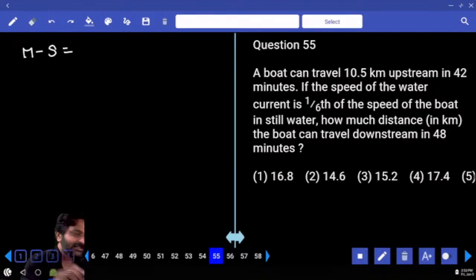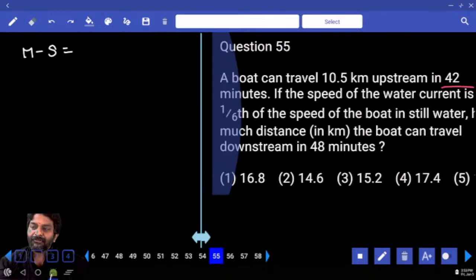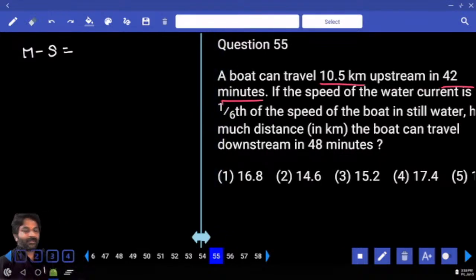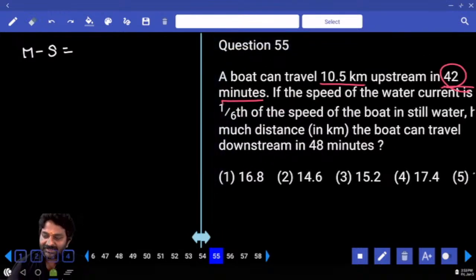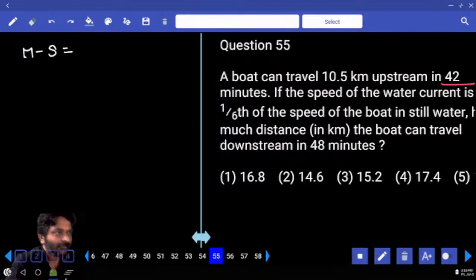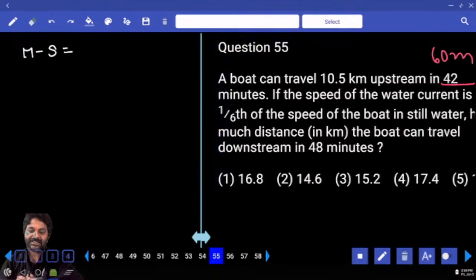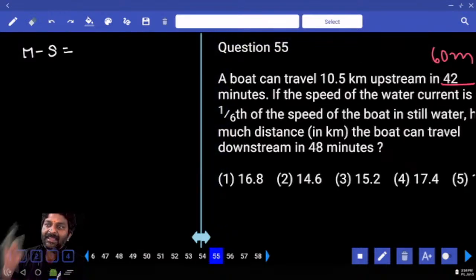Upstream, M minus S. We need the speed. What to do? Convert to 60 minutes. Almost every day we are getting this model. In 42 minutes, 10.5, correct? How do you get 10.5 using 42? By 4. 42 by 4. What is half of 42? Half again is 10. Now we need to calculate it for 60 minutes. 60 minutes, half is 30 and again half is 15.